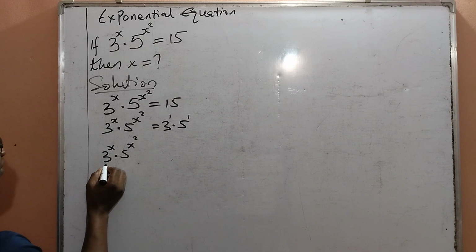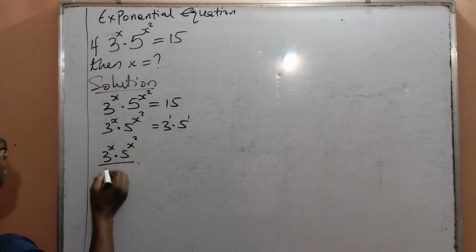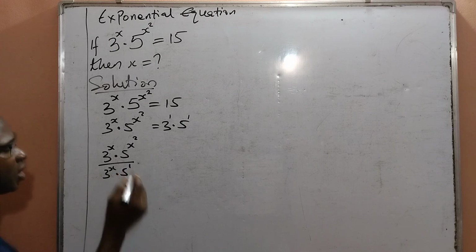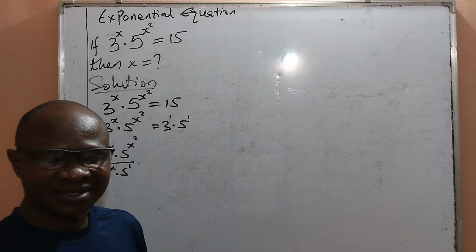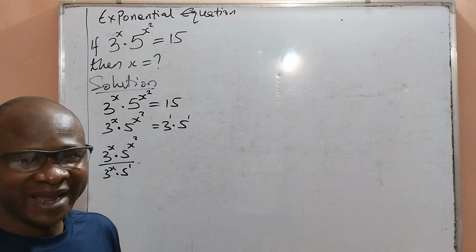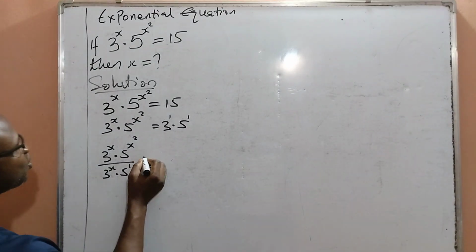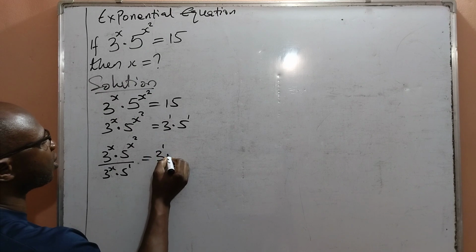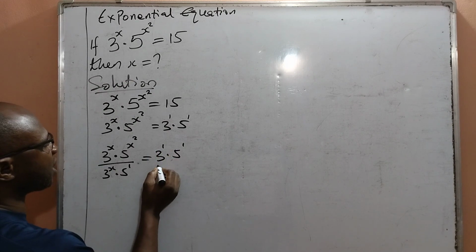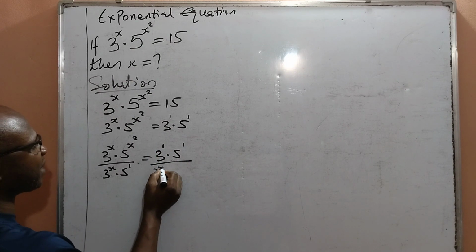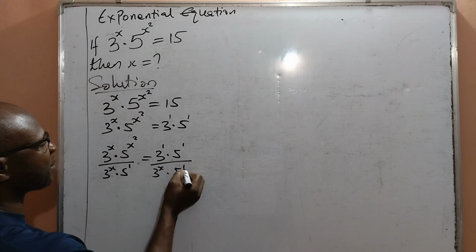Here, I will divide by 3 raised to the power x multiplied by 5 raised to the power 1. I am dividing both sides now by 3 raised to the power x multiplied by 5 raised to the power 1. So this will now be equal to 3 raised to the power 1 multiplied by 5 raised to the power 1, divided by 3 raised to the power x multiplied by 5 raised to the power 1.